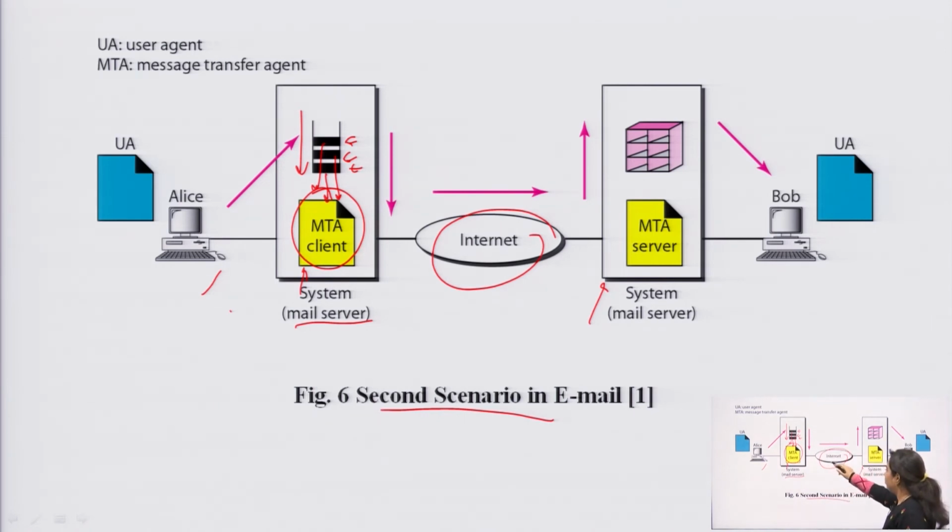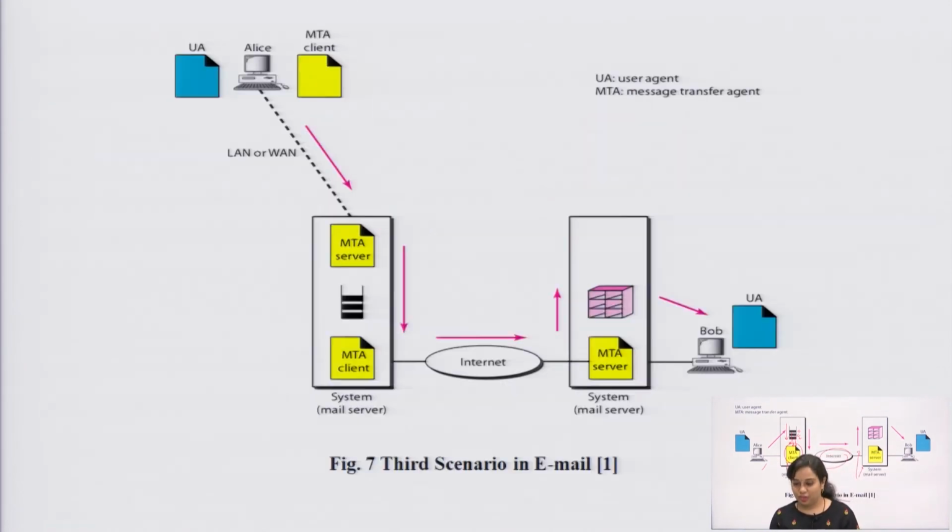Then this particular frame will be formed, it will be transferred over the internet, and it will be received in this manner. This is the MTA server, these are the different files which will incorporate the particular data, and then it is received at the receiver side through Bob, that is the user agent.